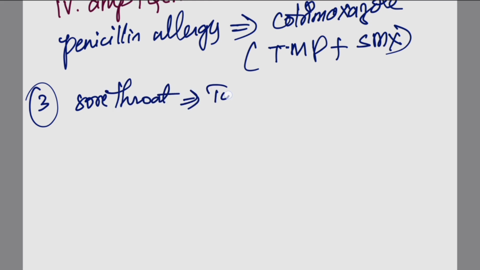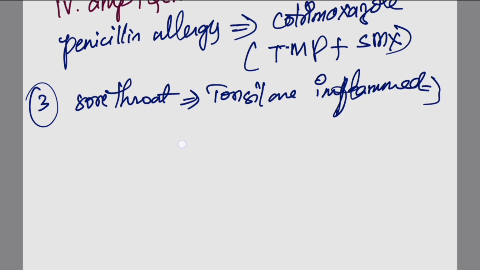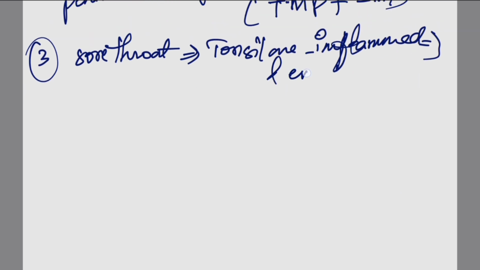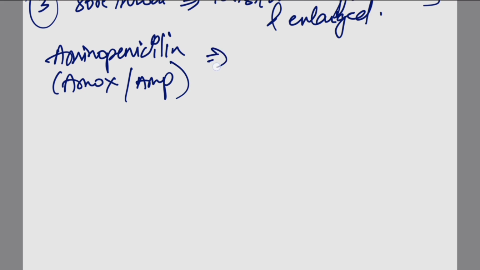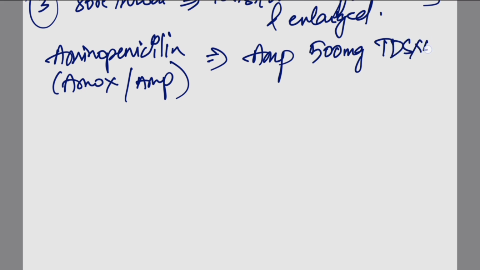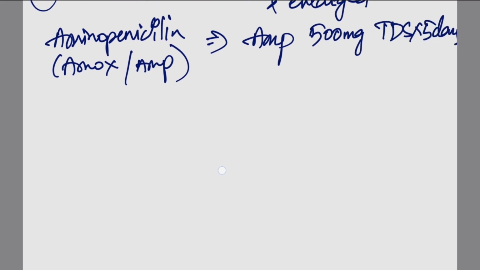And third, a patient came with a sore throat. On examination, tonsils are inflamed and enlarged, and you treated with aminopenicillins, that is amoxicillin or ampicillin. We asked him to take ampicillin 500 mg thrice daily for 5 days and come review after 5 days.